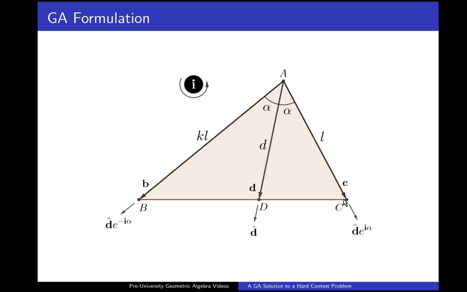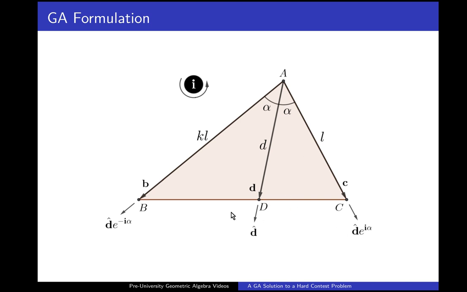And c here, this direction, is d hat times the exponential of positive I alpha, because we're rotating in the same sense as the unit bivector. So b here is just kL times this unit vector, and c is just L times that unit vector.